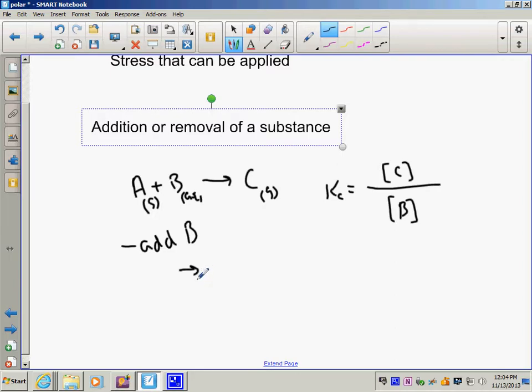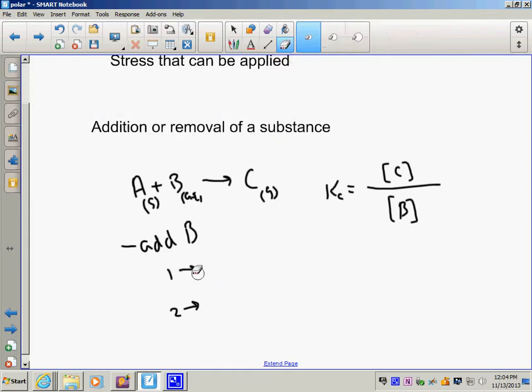They might say, which way will the reaction shift? I'm not going to use an arrow for this, I'm just going to use parentheses. Which way will the reaction shift if we add B?